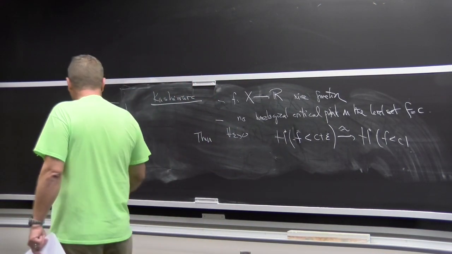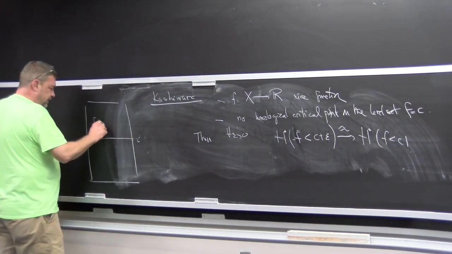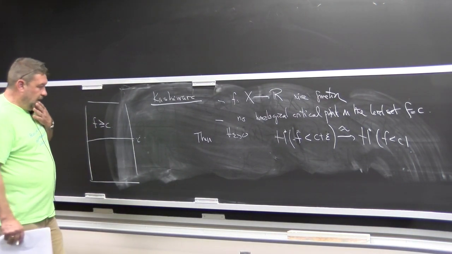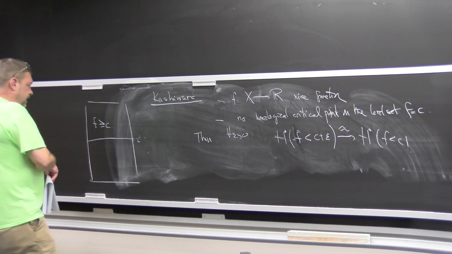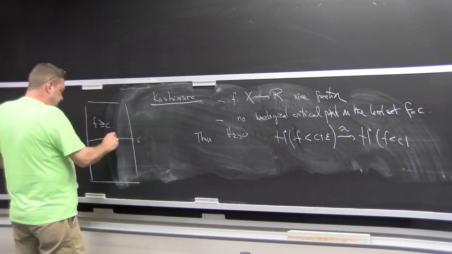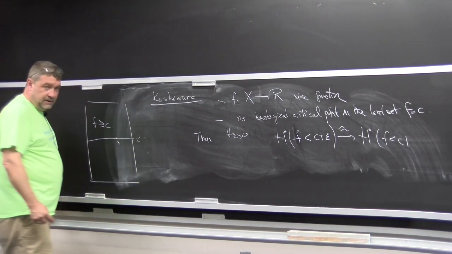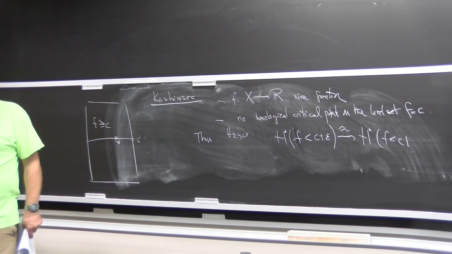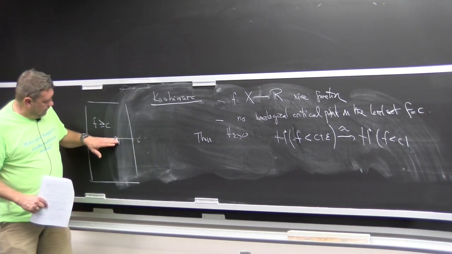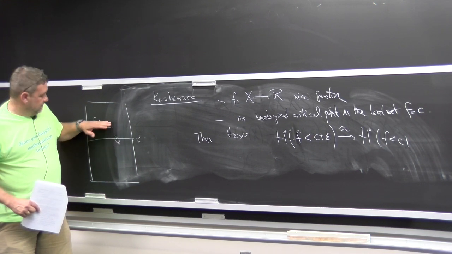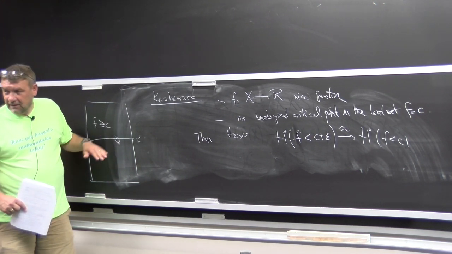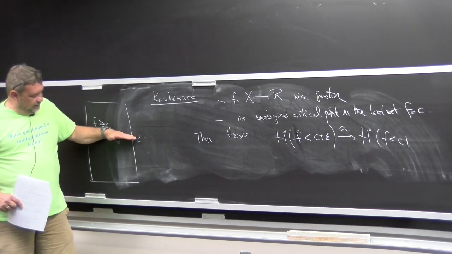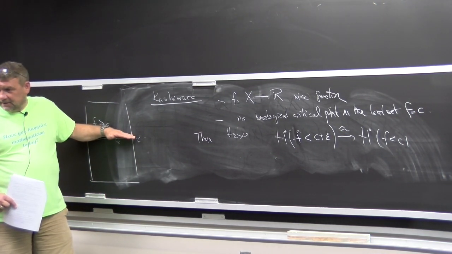We localize in the region f greater or equal than c. If you are at a point in here, the local cohomology is going to be 0, which means locally we can extend in this region. Not too much, but the point is you can do it uniformly up to c plus epsilon.